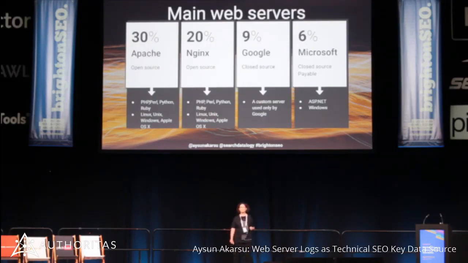Microsoft is closed source, but you can pay for it. And there is Google Web Server. In your daily SEO work, you will not meet Google Web Server. So we can say that we will work with only 3 main web servers.